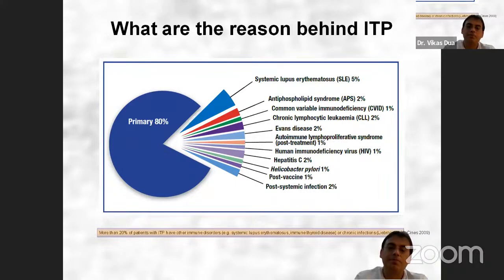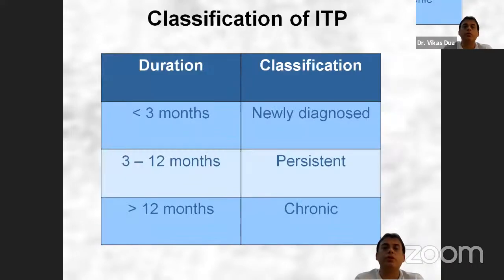And the other way of classifying ITP is by duration. If you have a patient in whom the duration is less than 3 months, let's say a patient has come to you on 20th August 2023, and the duration is less than 3 months, that means the symptoms started, let's say, 1 month back, 1.5 months back, then you will say it is newly diagnosed ITP.